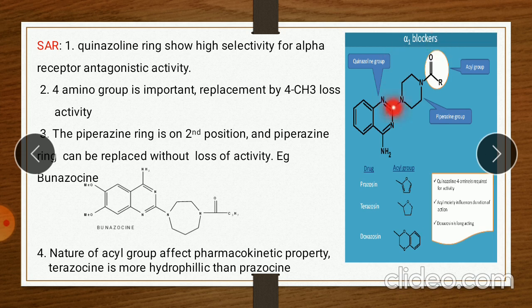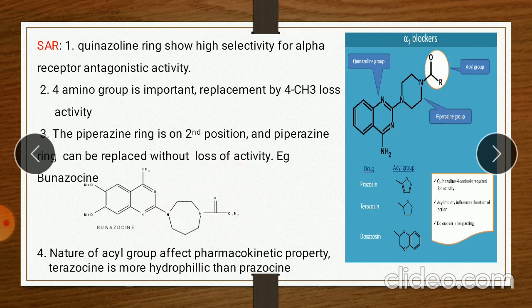So this piperazine ring is important, but we can replace it with another ring and it still gives the activity. For example, bunazosin, in which the piperazine ring is replaced by this 7-member ring.